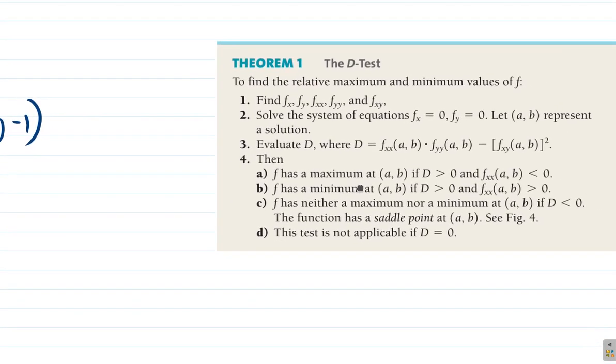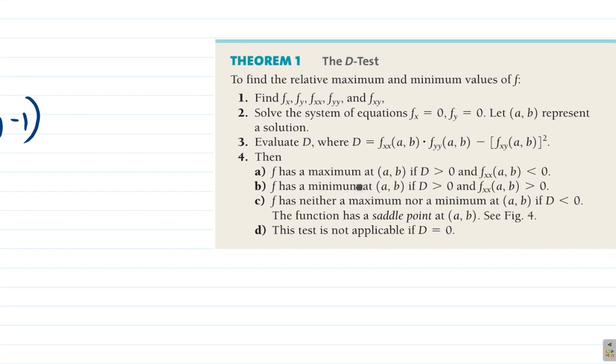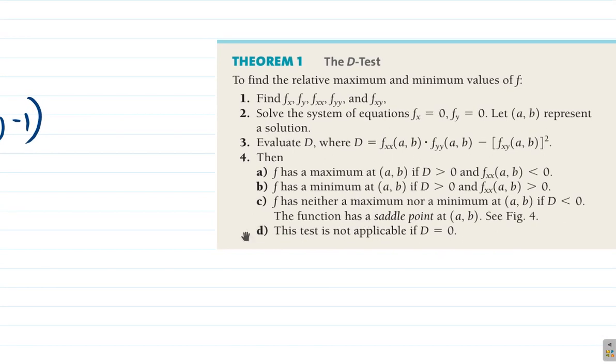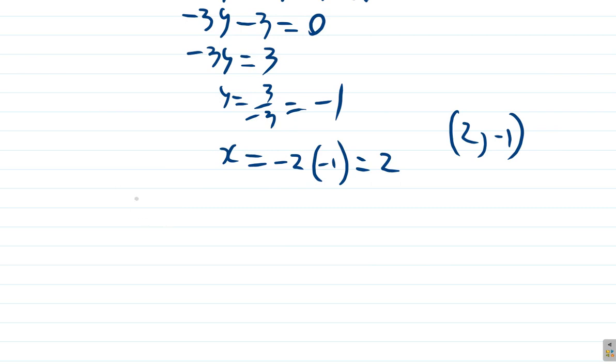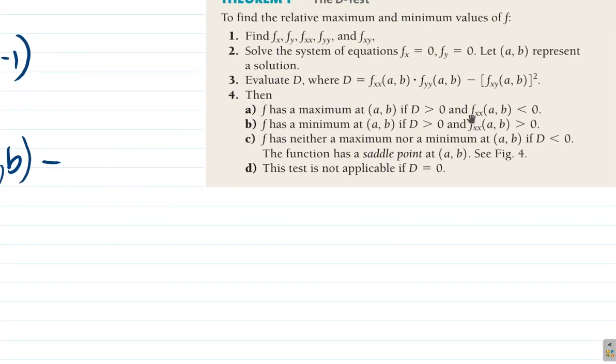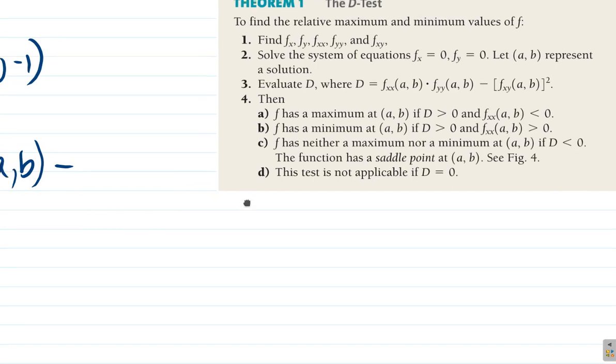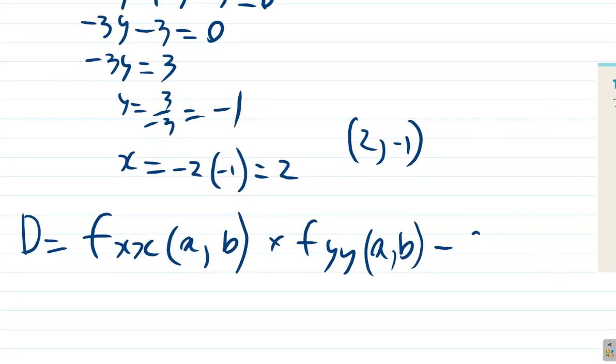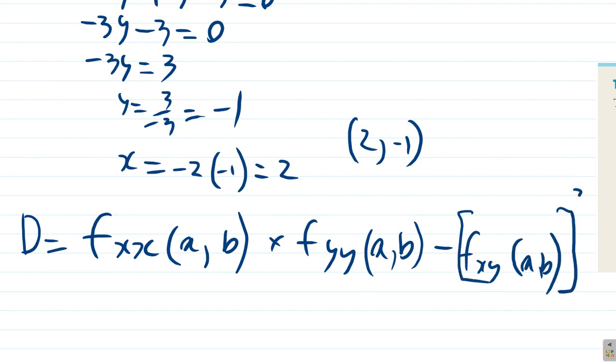Remember now, evaluate D. D is equal to fxx of (a, b) times fyy of (a, b) minus, and then of course it's going to be fxy of (a, b) squared.